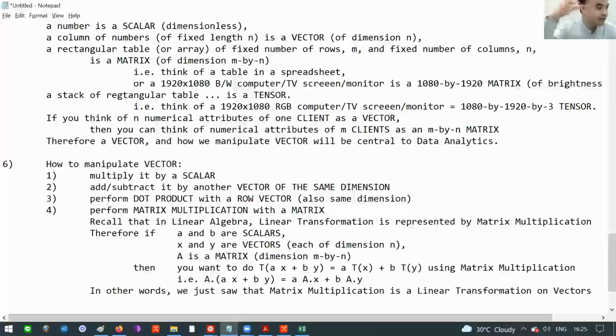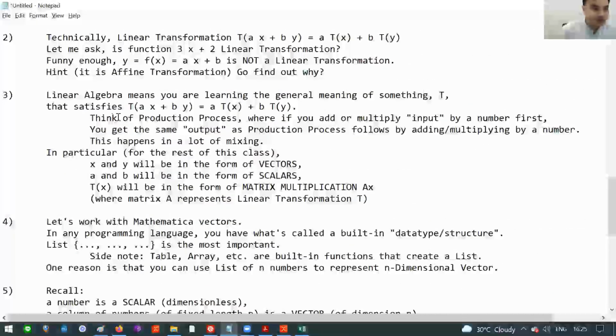The generic thing is a linear transformation on anything, but we're dealing with vectors. This is matrix multiplication. Here I wrote Ax, but in mathematical notation you write it like this, and people know. You don't have to put the cross sign for multiplication. You put a matrix next to a vector, and they know it's matrix multiplication.